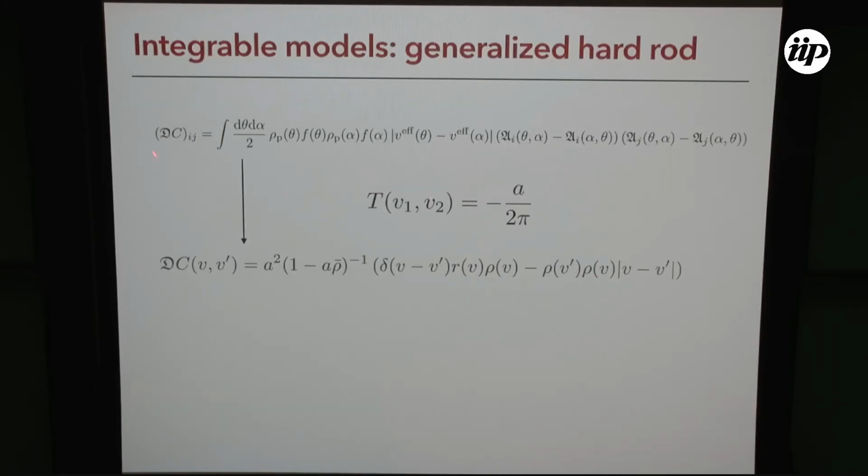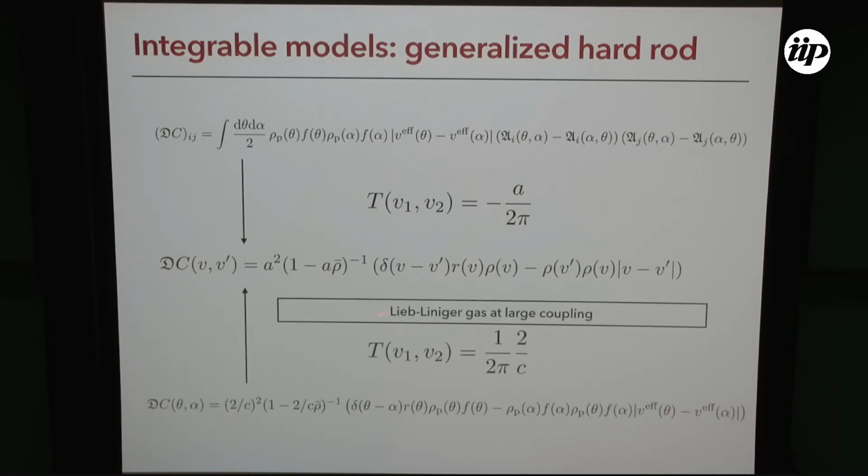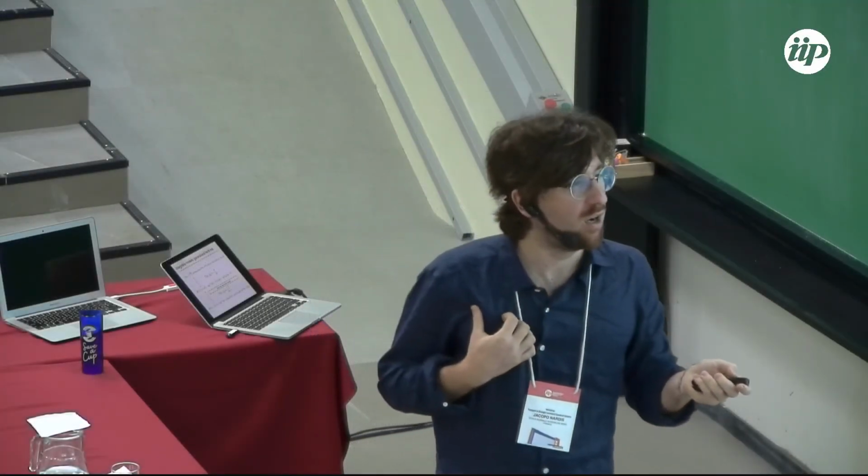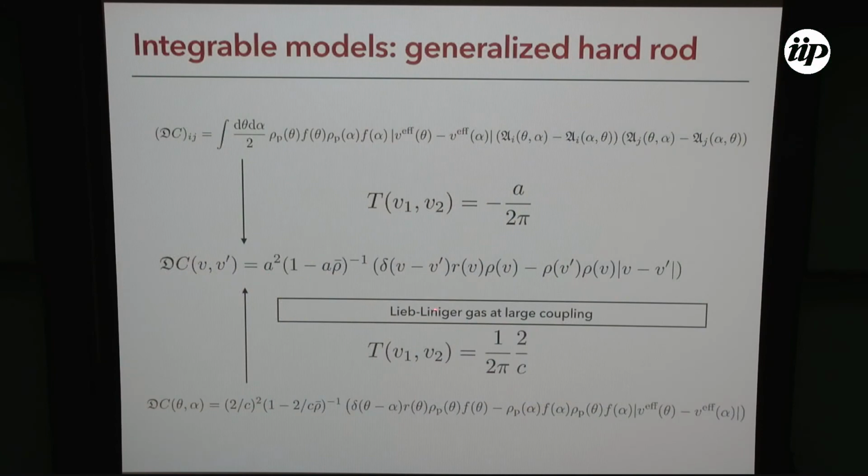And quite amazingly, we found that for a quantum system, if you put your scattering matrix simply equal to a, as if faking a hard rod system, you find the same result that in the 90s was found for hard rods. And even if you're familiar with the Lieb-Liniger model, it's a model for interacting bosons, and there is a coupling constant, which is c.